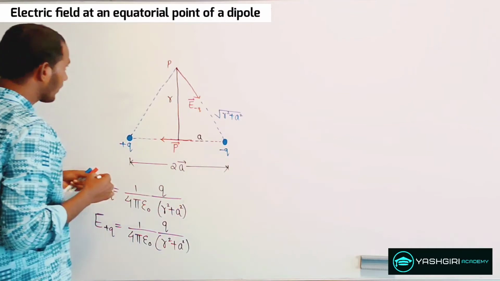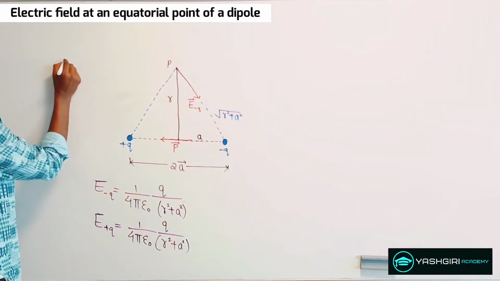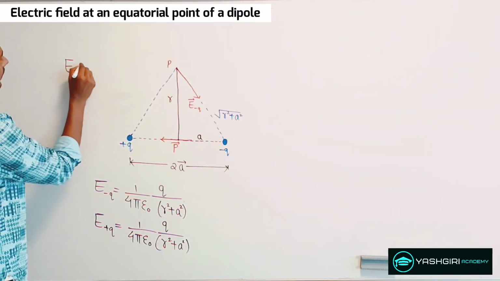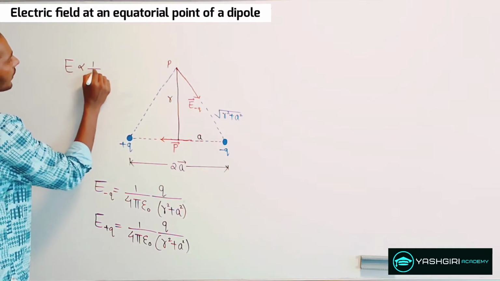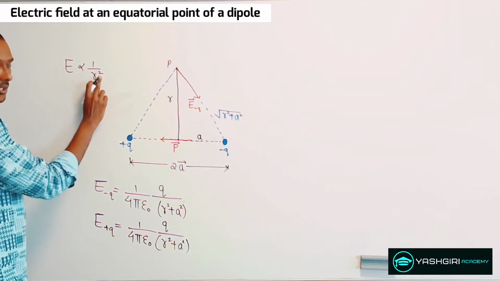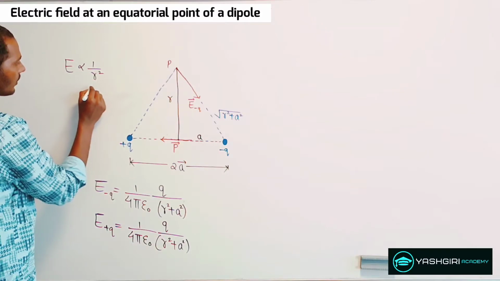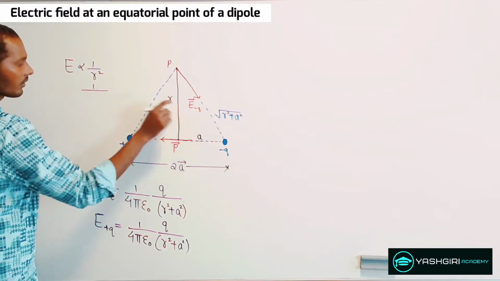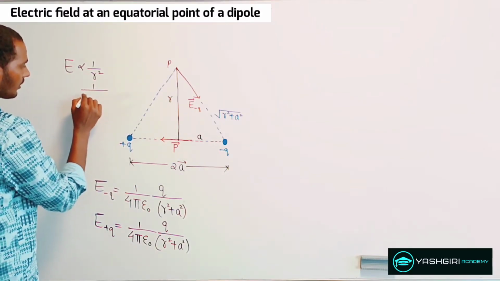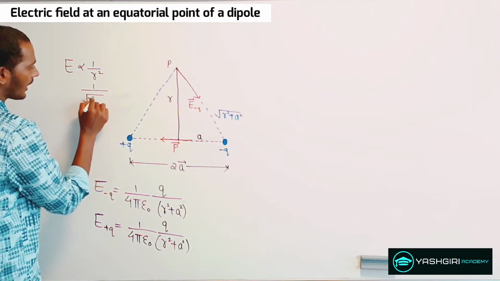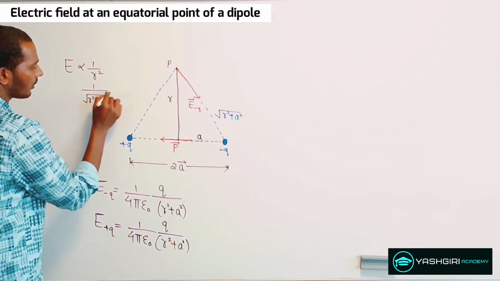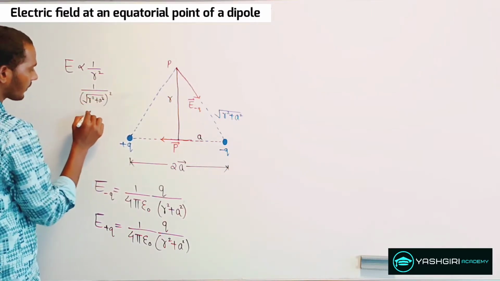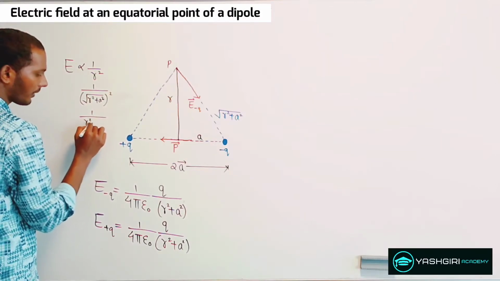You know, if you see, let me show it here. Electric field is inversely proportional to 1 over r square. So this is r square, and when you substitute this over here, 1 upon square root of r square plus a square, the whole square. So that will give me 1 over r square plus a square.